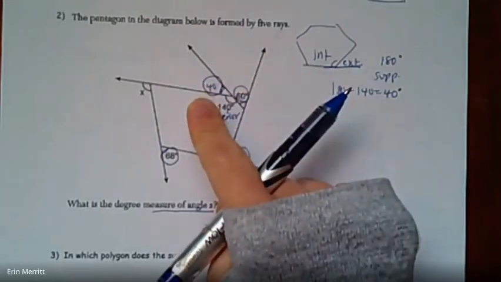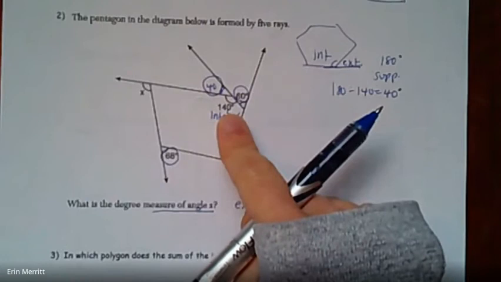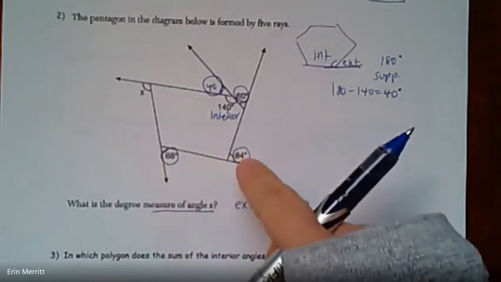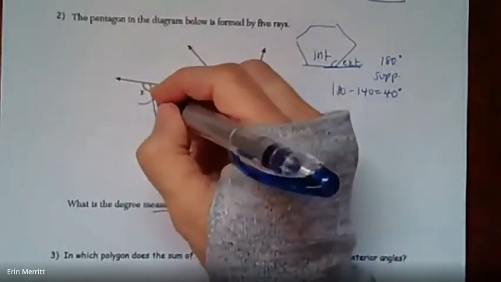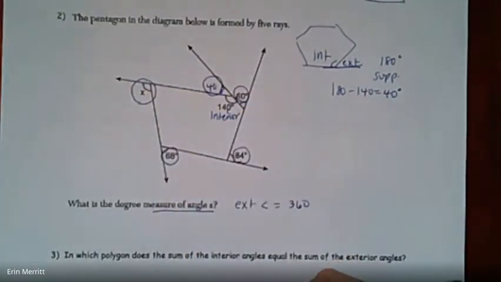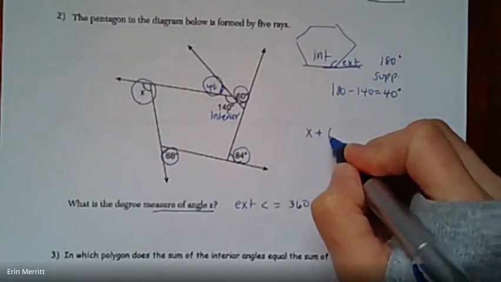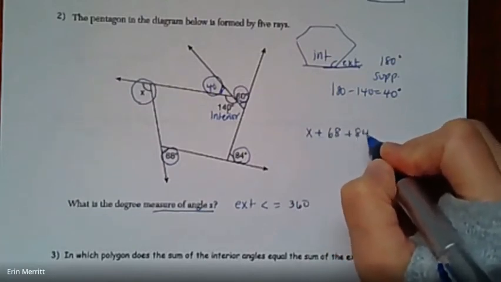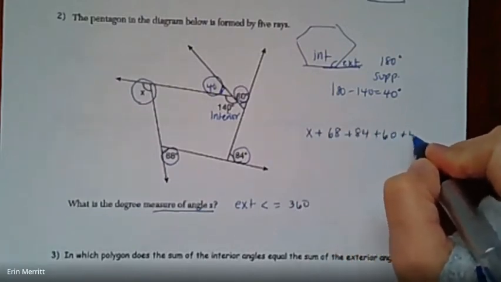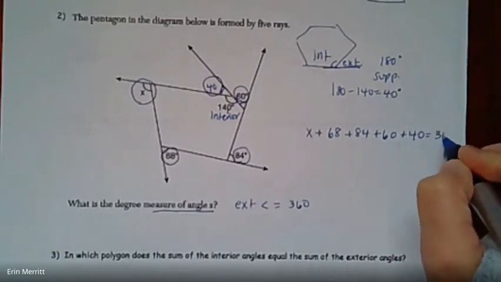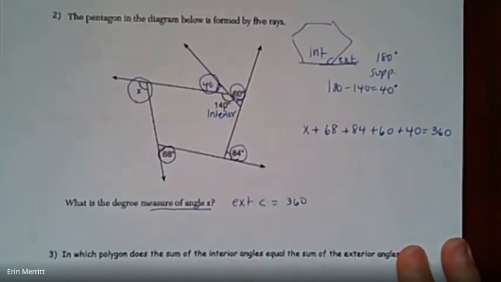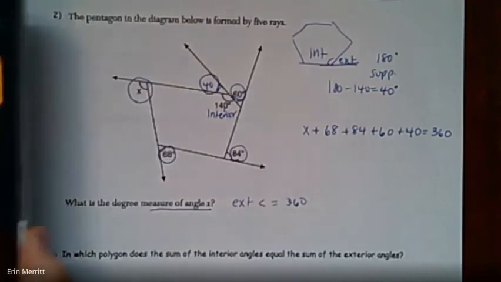If you look at it too quickly, it's easy just to grab 140 and go, but that's not what you need. So 68, 84, 60, 40, and your final exterior angle X are going to add up to 360 degrees. So if we add all those up and set them equal to 360, then we can solve from there.